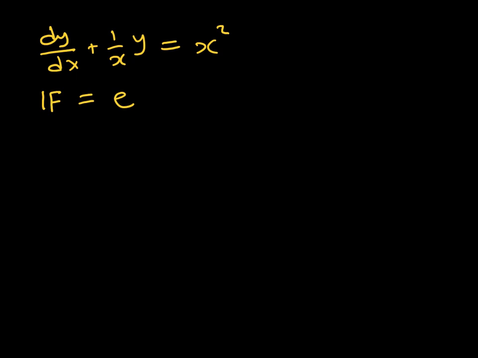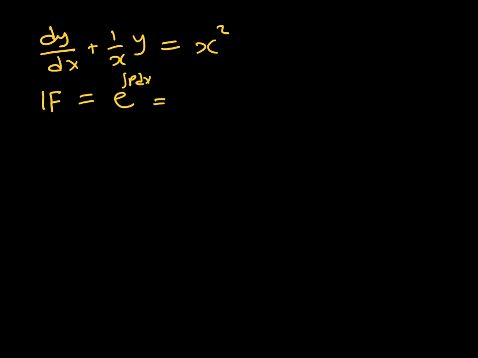So we are trying to solve dy by dx plus 1 over x times y equals x squared. That's what we are trying to solve. And we have already got our integrating factor, which is e to the power integral of P dx.